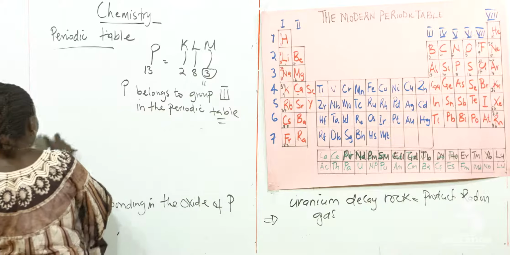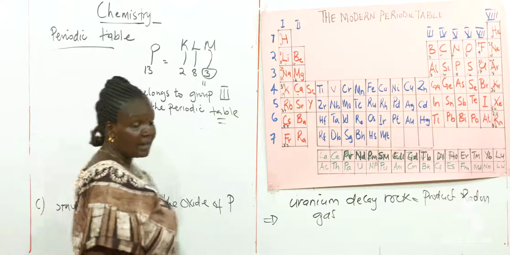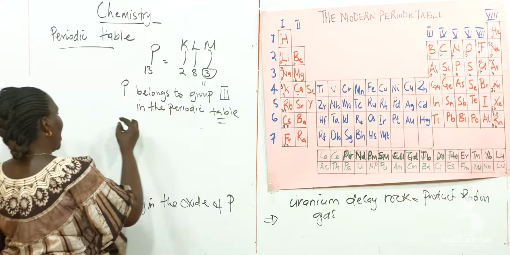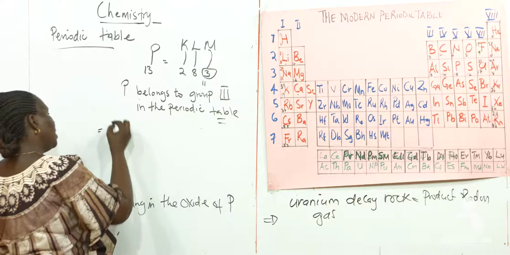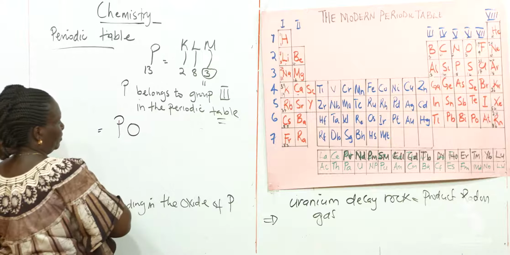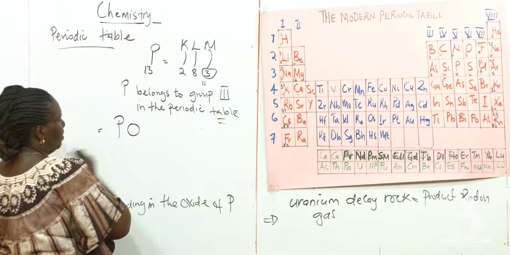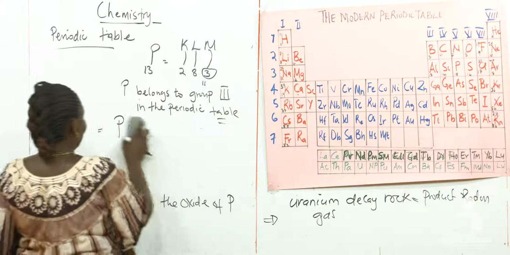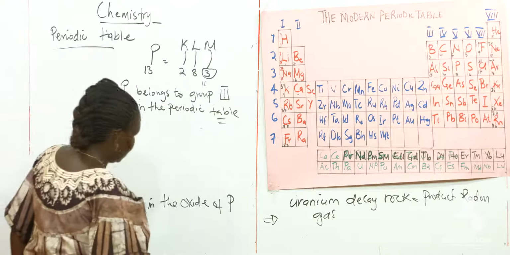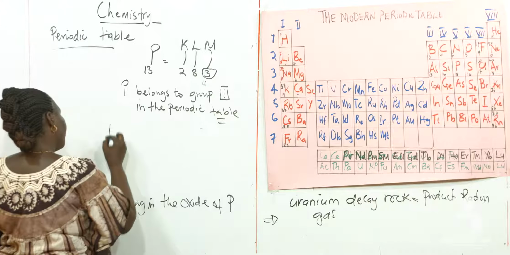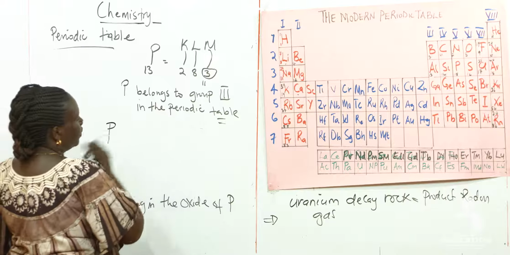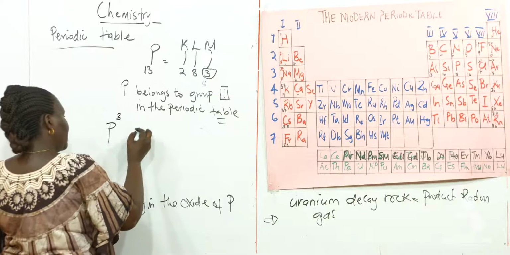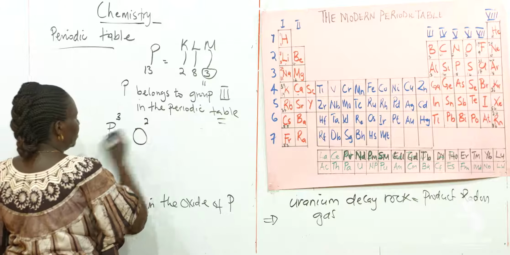You cannot state the type of bonding unless you write the chemical formula of the oxide. So if the compound is P oxide, let us start by writing the chemical formula. We said P is in group 3, so P has a valency of 3, and oxygen has a valency of 2.